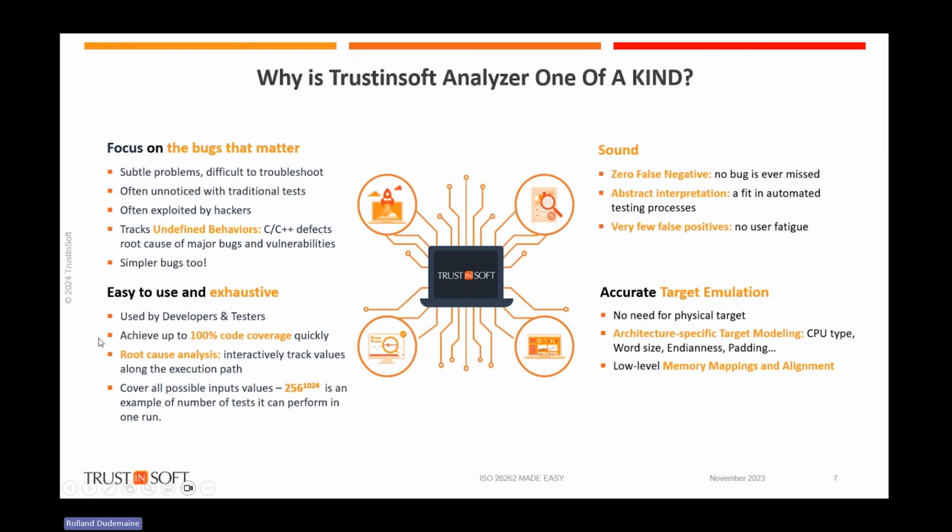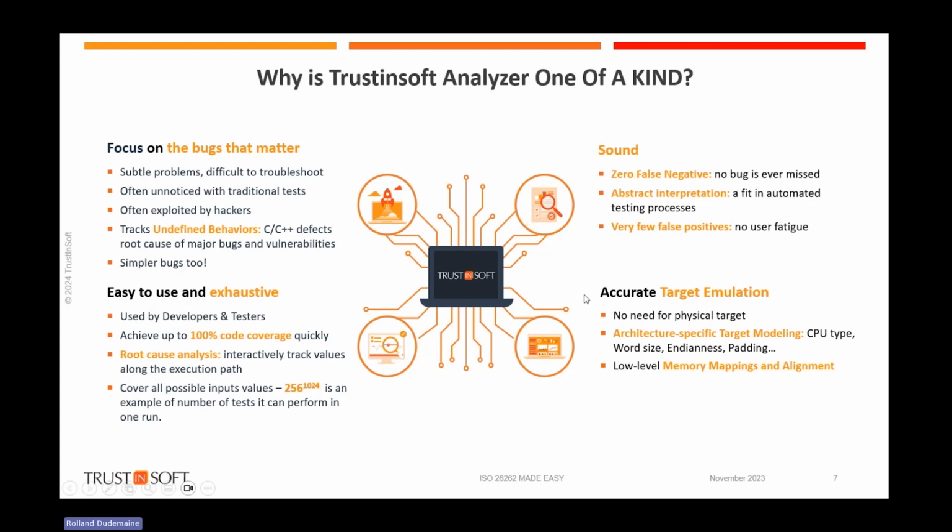In real life, it's extremely rare to reach 100%, but you can reach whatever you can actually reach from the real tree. On top of doing the analysis and giving you those reports, there is also an interactive interface to be able to interactively track the values and investigate what's going on. So when there is an issue, you can investigate and go back to the root cause.